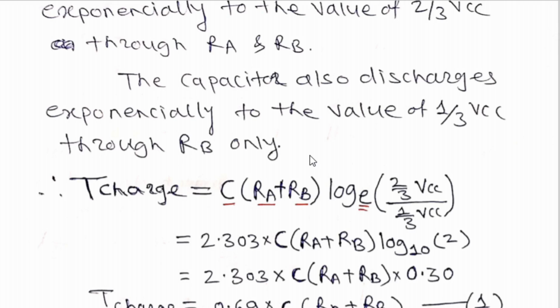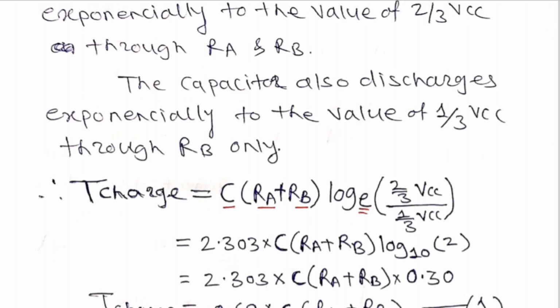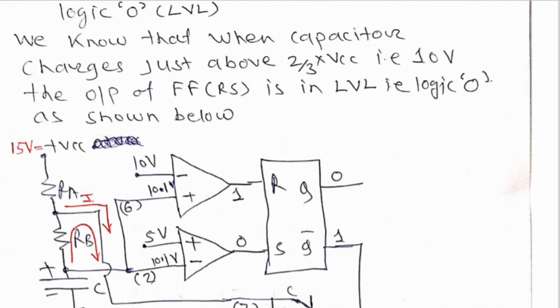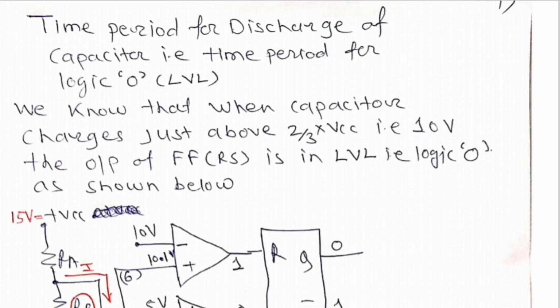So before proceeding to the derivation of frequency at the output of IC555, I will just explain once again how long logic 1 remains at the output of IC555 and how long logic 0 remains at the output of IC555.